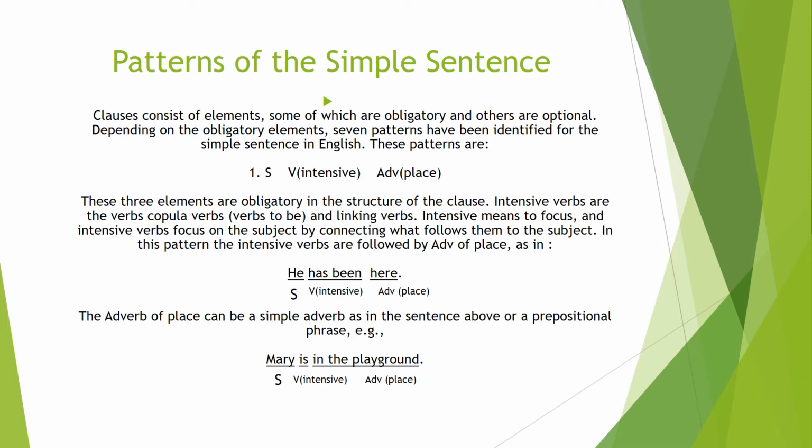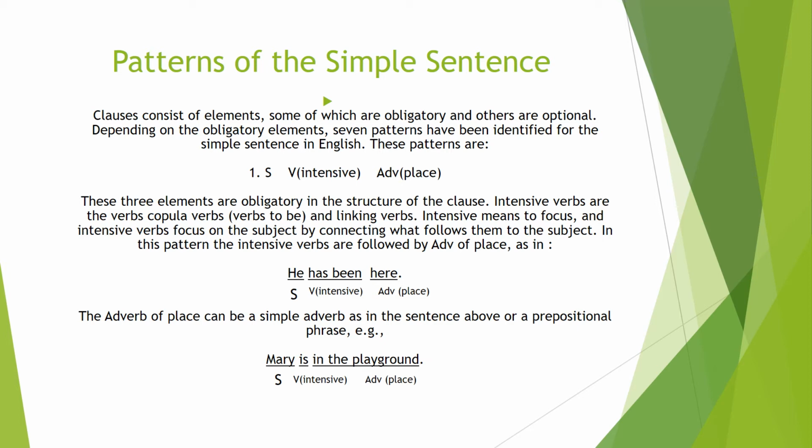These structures or patterns are actually identified according to the obligatory elements found in these clauses and not the optional. Before we go further in explaining these patterns, we have first of all to identify the difference between the obligatory and the optional elements in the structure of clauses or simple sentences. What do we mean by obligatory elements?